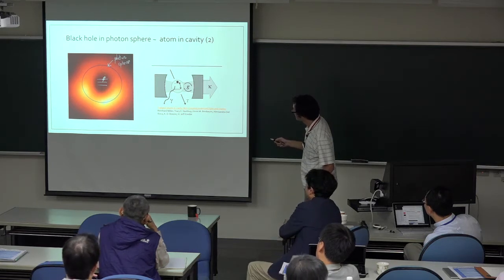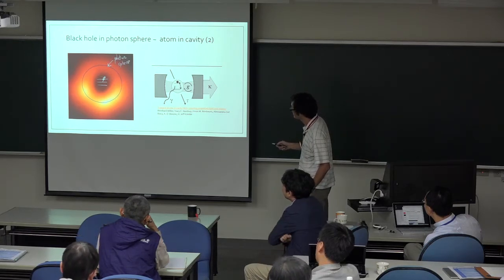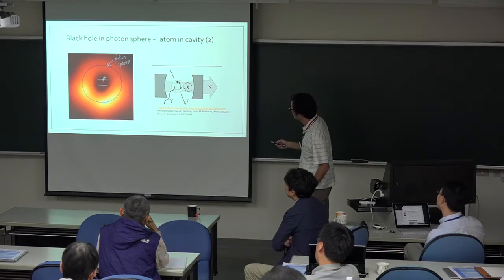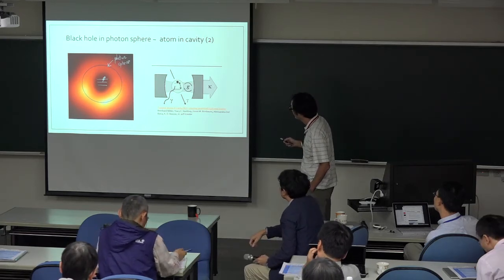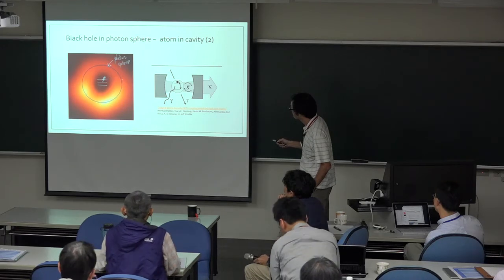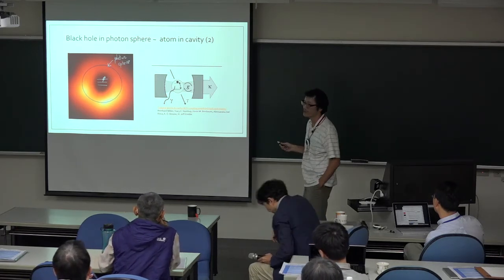There's a cavity played by the photon sphere, so it looks like a cavity. The photon sphere, of course, is not a totally reflective wall, so in time the photon can leak out, like this K. This T represents the lifetime of the black hole, and G is the coupling between the photon and the black hole. This is the Hawking radiation. That's my final picture of this talk.